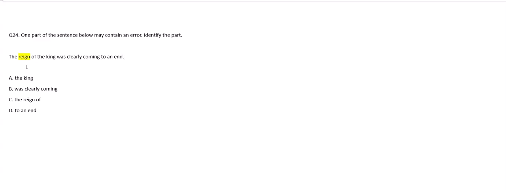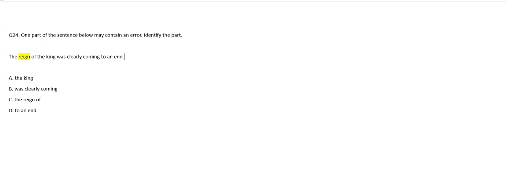Rule is nothing but an act of governing, as we generally know, the king rules, like that. For example, in a sentence, we have to tell the king's reign lasted 30 years, which is telling the period of time the king ruled. In those cases, we will use reign.